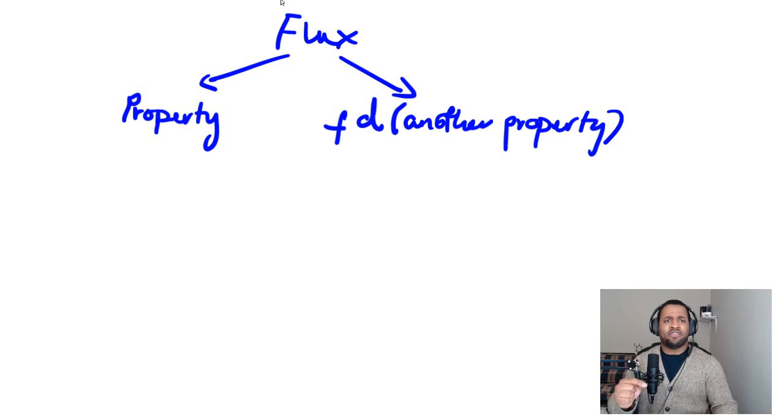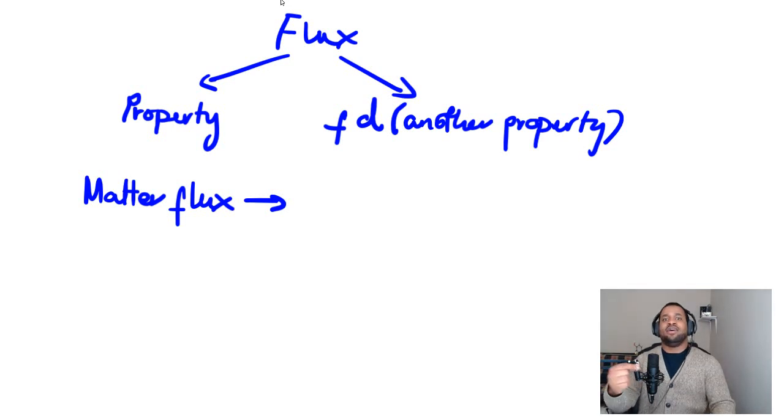In our previous video we looked at how to associate this property, which involves matter. The matter flux is connected well to another property, which is called the number of particles.